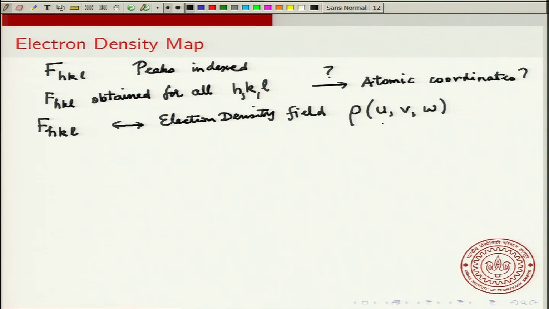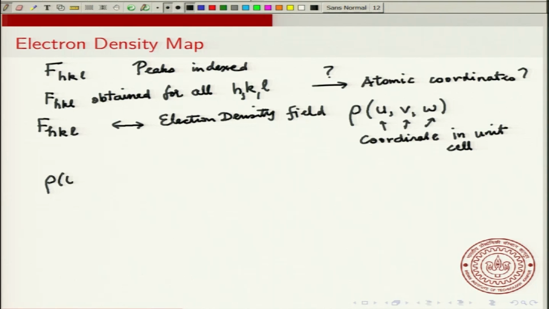So, this is some coordinate inside the unit cell. That means, you imagine that you look at any point in the unit cell. So, u v w is some point inside the unit cell, and at each point there is an electron density. If you know the electron density at all points in the unit cell, you can calculate f of HKL and vice versa. And the relation is the following.